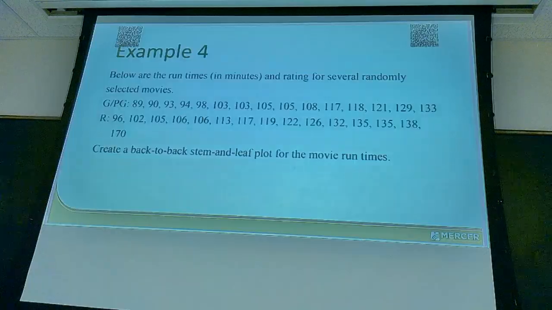Now, we know we're doing back-to-back, so the stem is going to be down the middle. So first decide what digit the leaves represent.